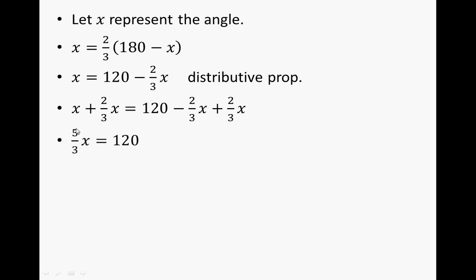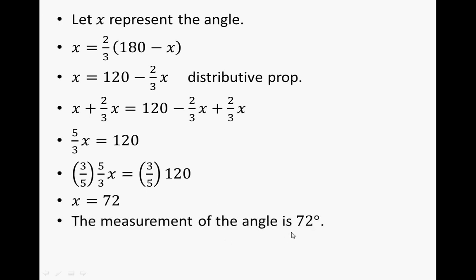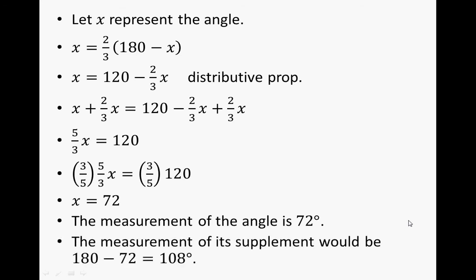Now we have 5/3 x equals 120. Then, to isolate x, we multiply by the reciprocal. The reciprocal of 5/3 is 3/5, and 3/5 of 120 is 72. So the measurement of the angle is 72 degrees. The measurement of its supplement would then be 180 minus 72, which is 108.